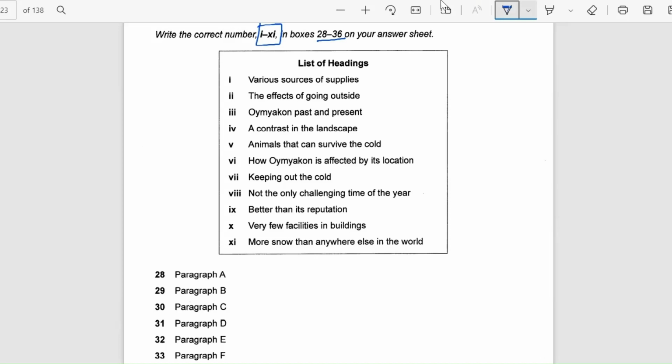And here it is talking about some different sources of supplies. So various is different, which means coming from different sources. Sources is the origin. And what do we mean by supplies is something like it can be a grocery supply, or it can be food related, or any supply. Then effects of going outside.